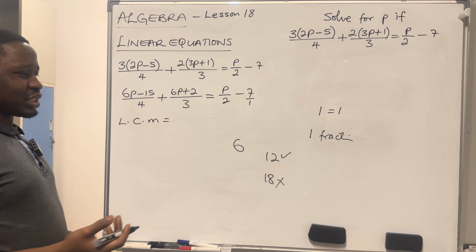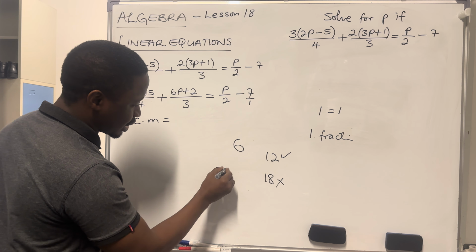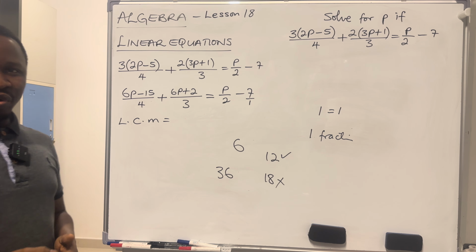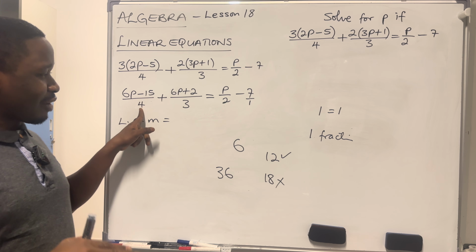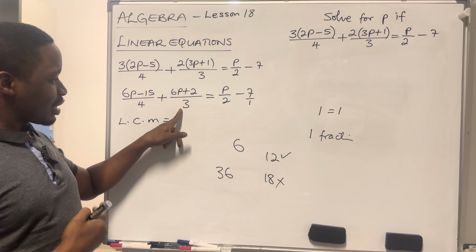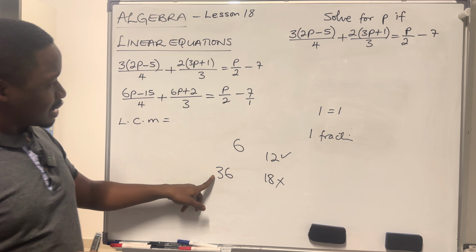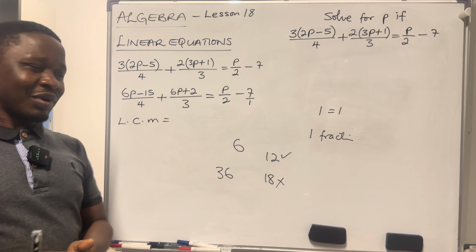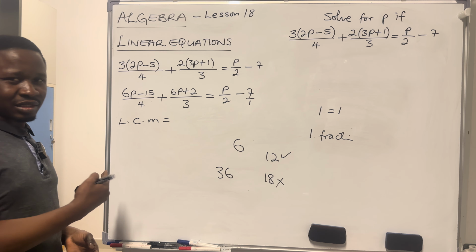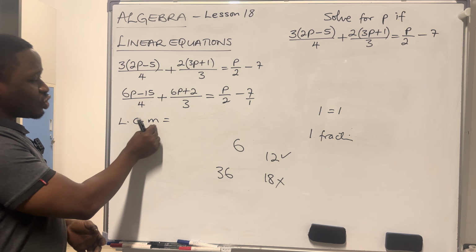But another student will say, yes sir, what if I use 36? 36 divides 4 to give you 9, no remainder. It divides 3 to give you 12, no remainder. It divides 2 to give you 18, no remainder. That one is satisfied. But we are considering the lowest, not just any multiple.